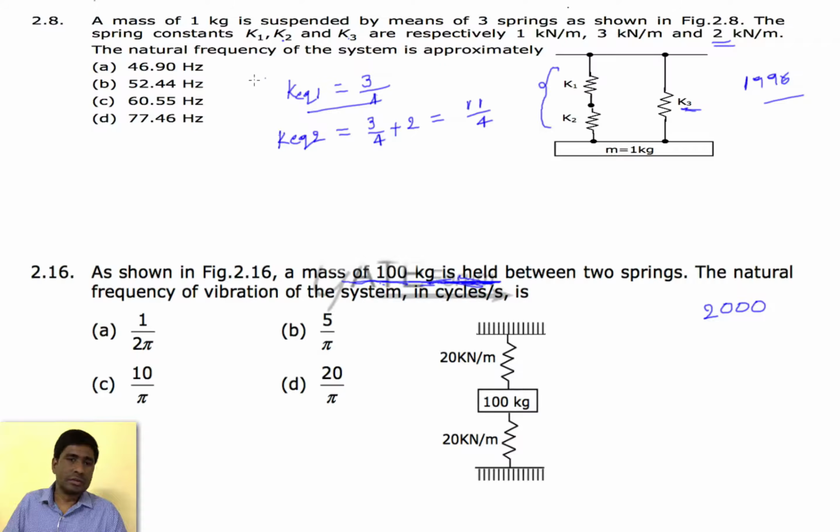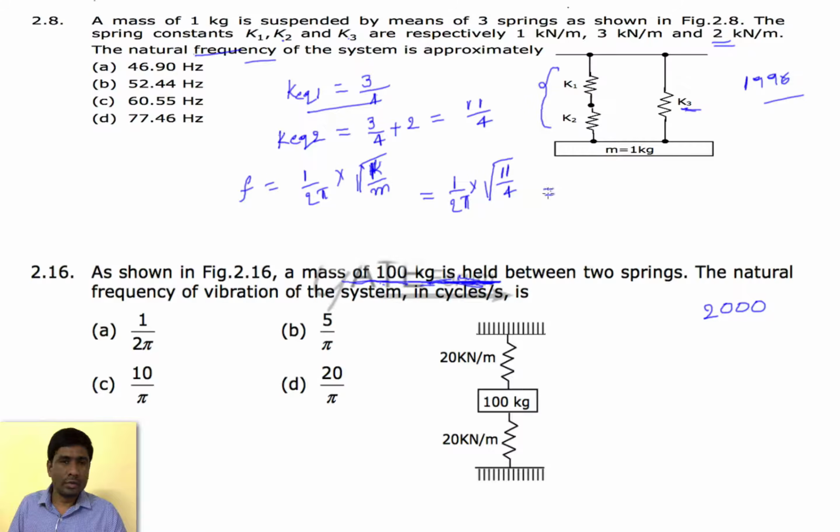So what is asked in the problem? The natural frequency of the system. So natural frequency f equals 1 by 2 pi into square root of K by m. That square root of K by m is omega n. So here 1 by 2 pi into square root of 11 by 4, because m is equal to 1.